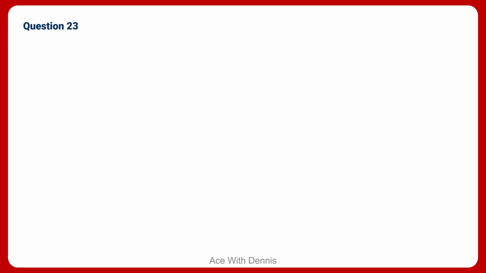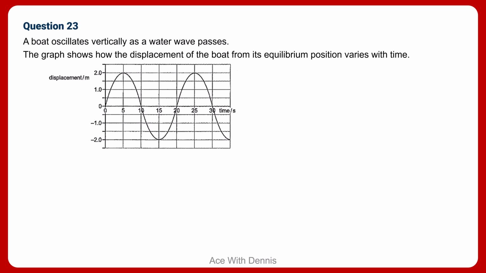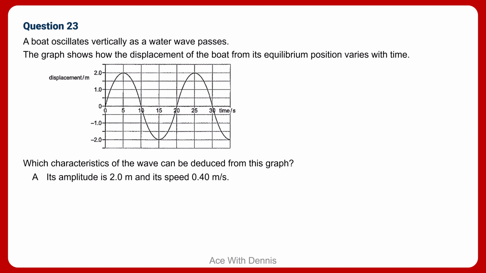Question 23. A boat oscillates vertically as a water wave passes. The graph shows how the displacement of the boat from its equilibrium position varies with time. Which characteristics of the wave can be deduced from this graph? A. Its amplitude is 2.0 meters and its speed is 0.40 meters per second.